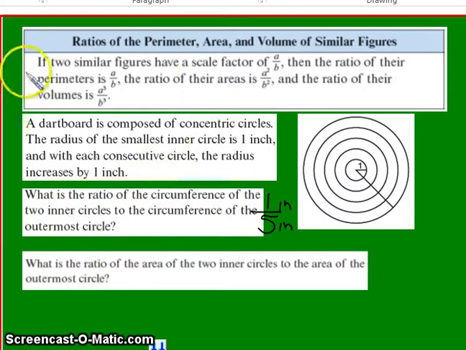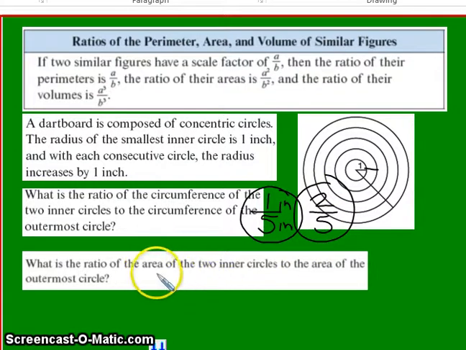Now notice it says if 2 similar figures have a scale factor of a to b, or 1 to 5, which ours does, then the ratio of their perimeters is a to b. So circumference is the same as perimeter in a circle. So the ratio of the inner circle to the outermost circle would be 1 to 5. Now, the second circle has a 2 inch radius, so its ratio would be 2 to 5.